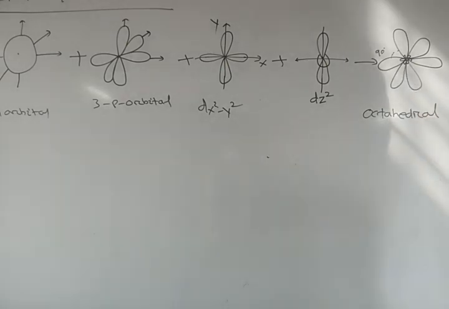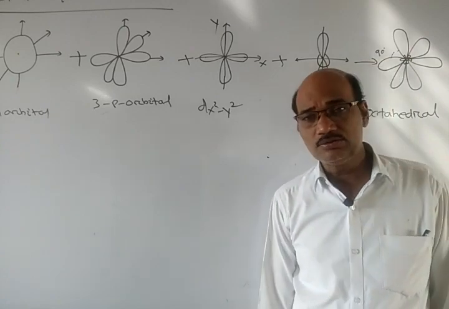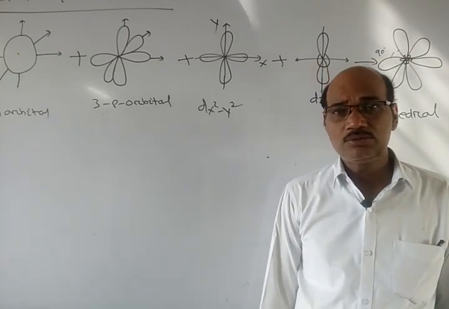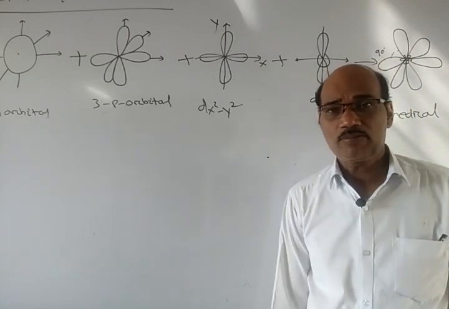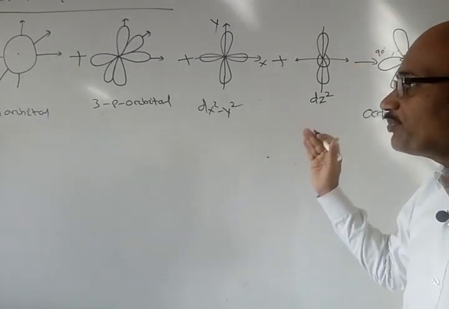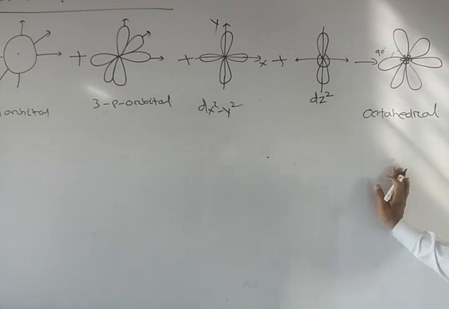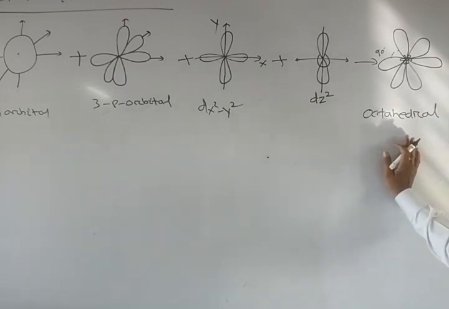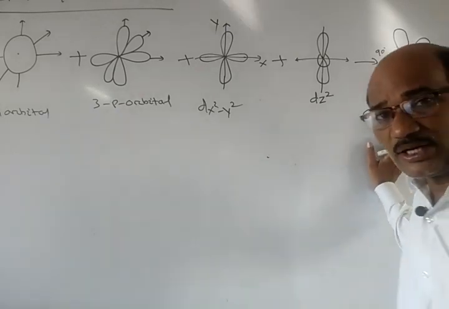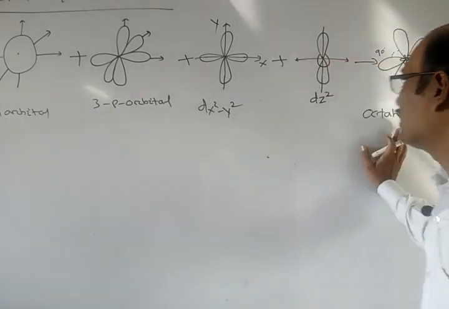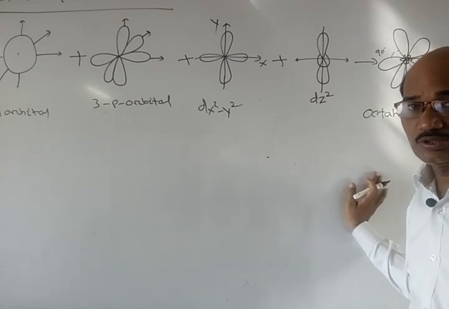So 1s, 3p and 2d orbitals are hybridized with each other to give 6 sp3d2 hybrid orbitals, which are arranged in space in an octahedral manner, forming a bond angle of 90 degrees to each other.